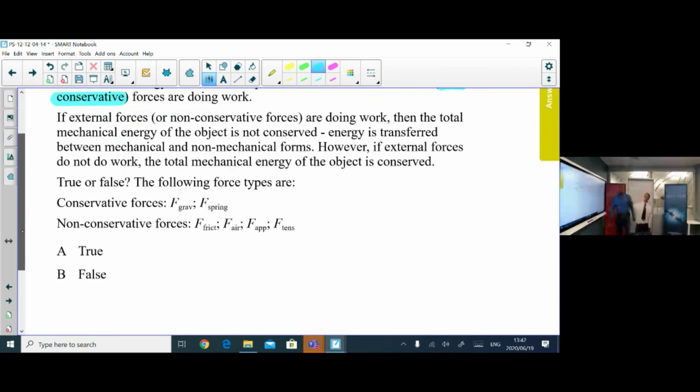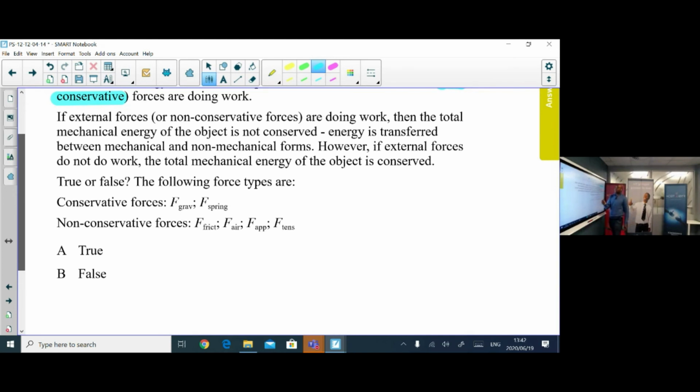If external forces, such as the applied force, air resistance, tension, friction, and so on, are doing work, then the total mechanical energy of the object is not conserved.